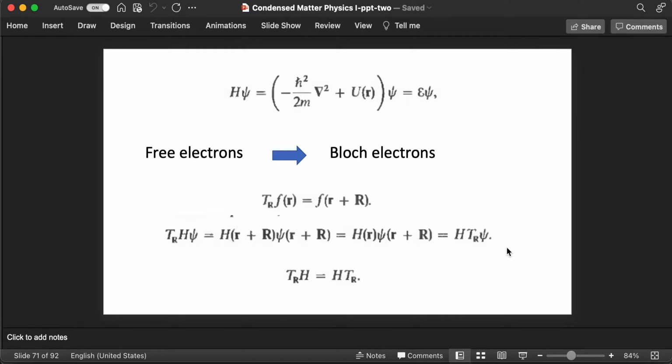So T_R and H commute, which means I can choose any wave functions that give eigenvalues for one operator, say T_R, and I am guaranteed to get eigenvalues for the other operator H as well.